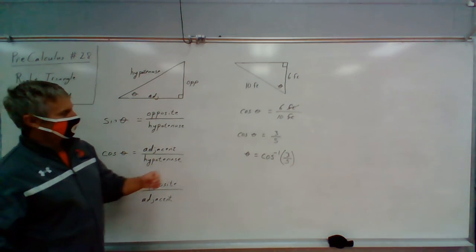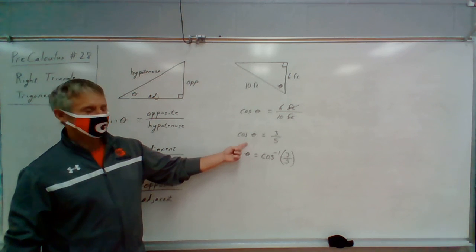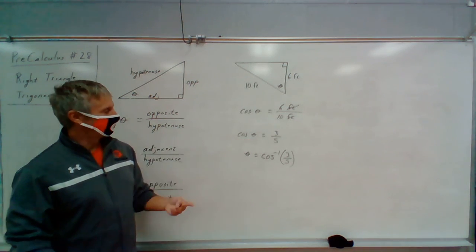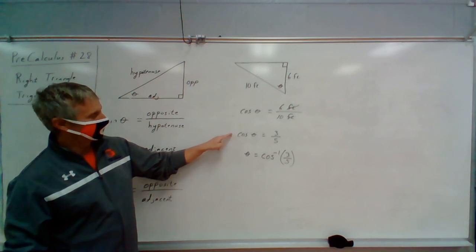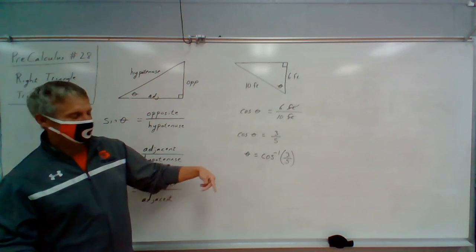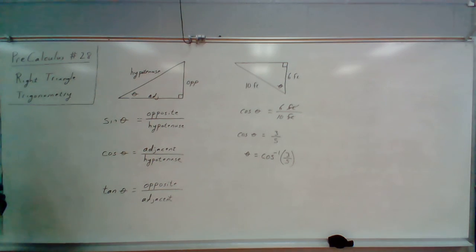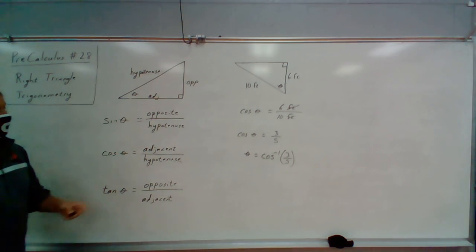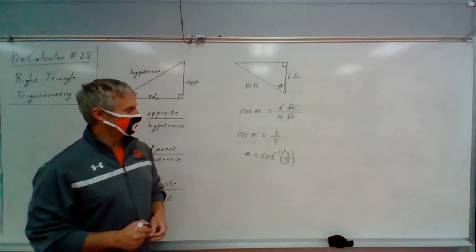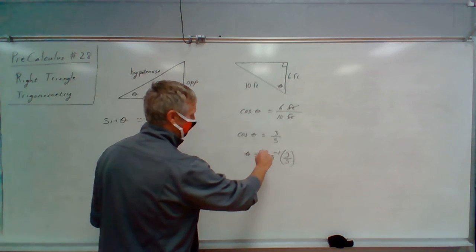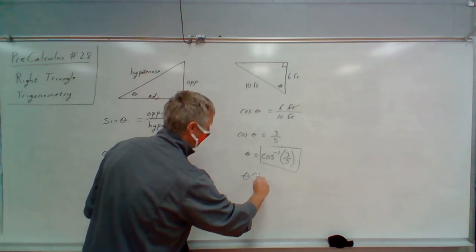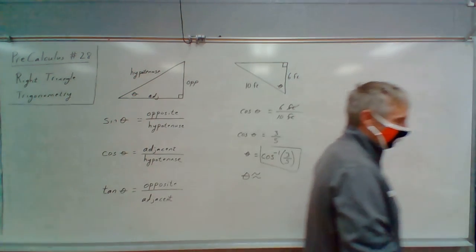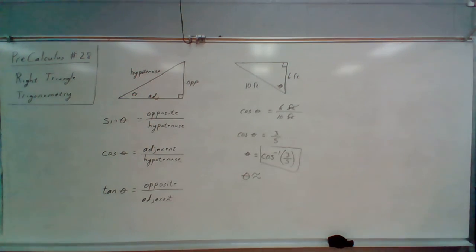So this is just like if you had x squared equals 9 and you took the square root of both sides. That's the same thing I'm doing here. I'm just undoing that. I'm using an inverse function to solve for theta. So theta equals the inverse cosine of 3/5. This would be the exact answer. But maybe I want an approximate value, so I'm going to talk to my calculator.